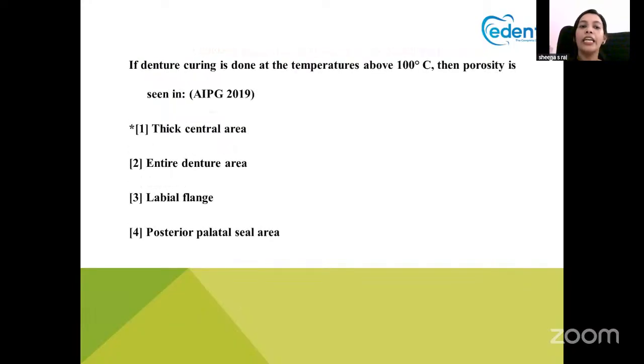Next question. If denture curing is done at a temperature above 100 degrees centigrade, then porosity is seen. Whenever denture curing is done at less than 100 degrees Celsius, it produces porosity in the peripheral area. Whenever denture curing is done above 100 degrees, it will cause porosity in the thick central area, right?